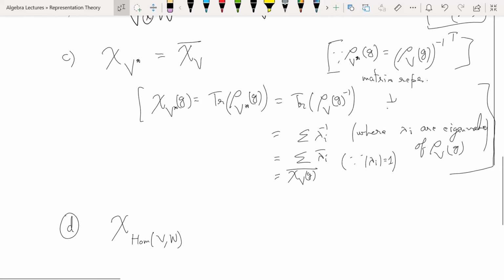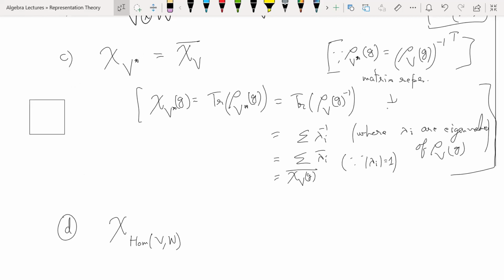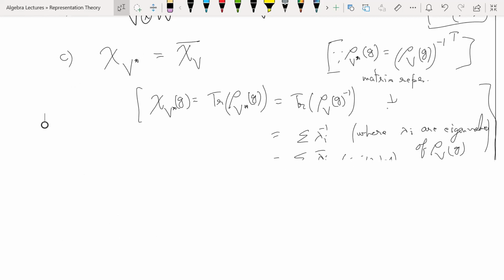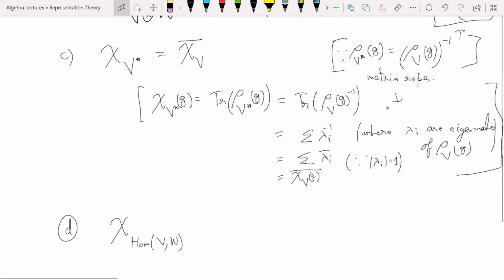We can use that breaking part: over here, Hom(V,W) can be broken into two parts. Right? What is the breaking part? V star tensor W. So that identification we can use. Yeah, very good.